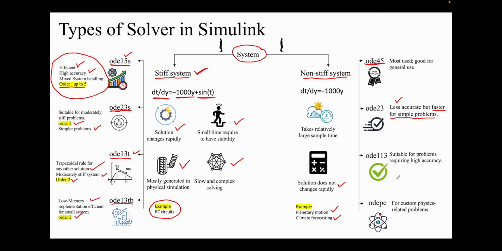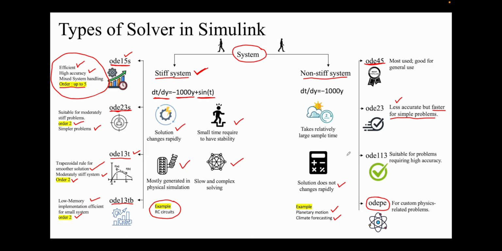Basically this type of ODE is used to solve physics related problems, like related to quantum mechanics or quantum physics, or you can also use it for solving any physics related problems. And yeah, these are the basic solvers that are available in the entire scenario.